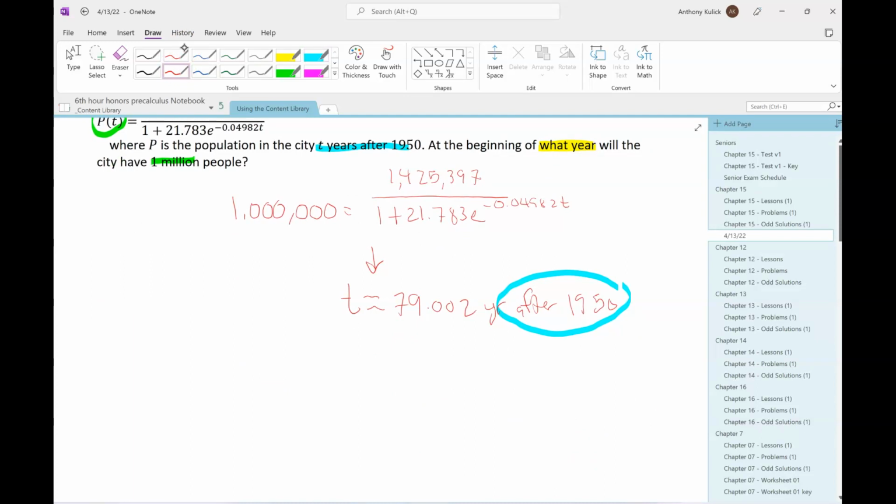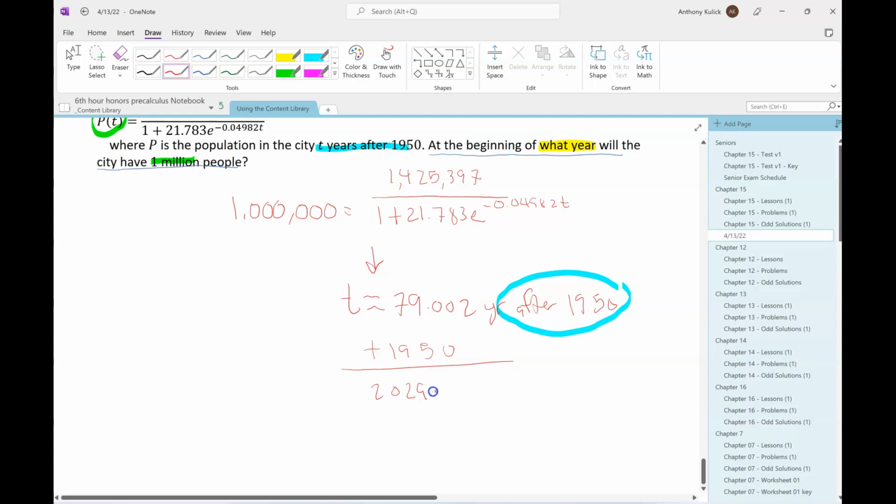But is that actually answering the question? What is the question actually asking? At the beginning of what year will the population have 1 million people? So the answer to that should be 2029, but really I need to round that up to 2030.